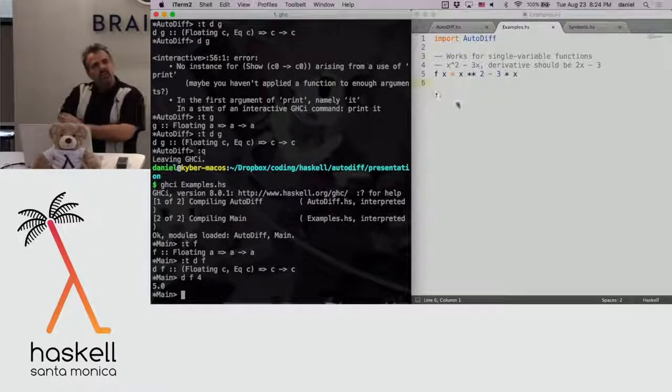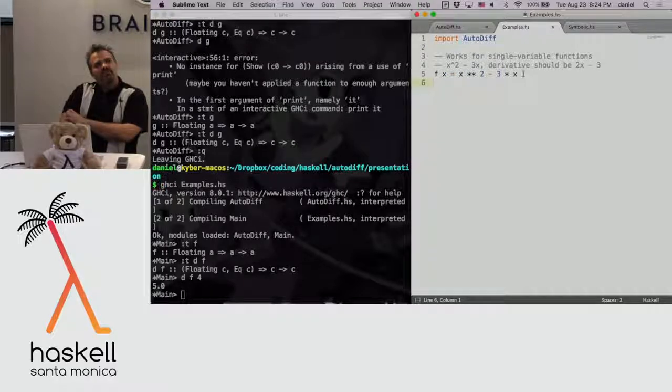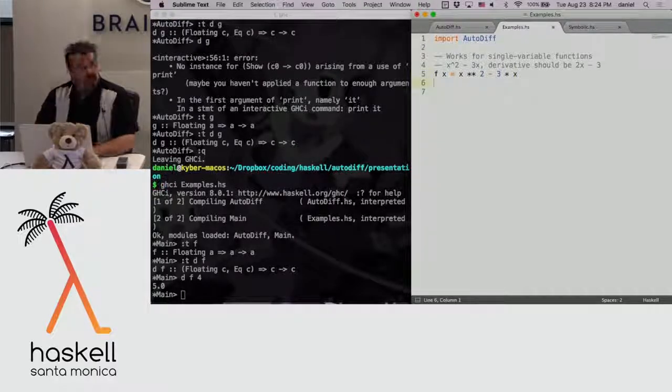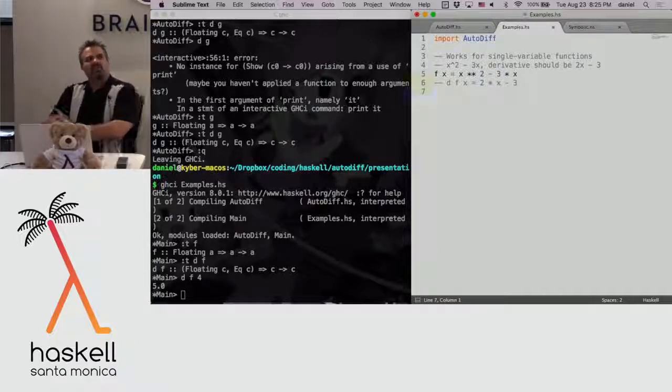What is this function? It's x squared minus 3x. If we could get an expression for its derivative, it would be 2 times x minus 3. Now Haskell's not going to give us an expression for df because it's represented as an abstract syntax tree in the computer.